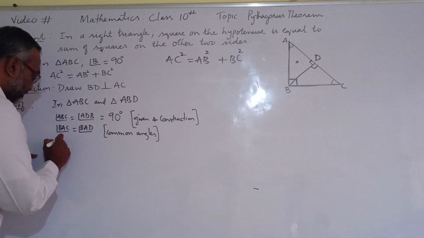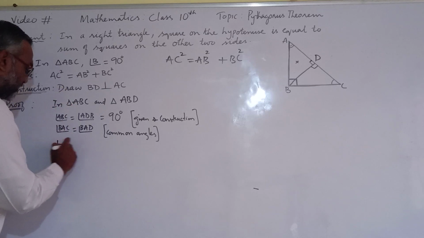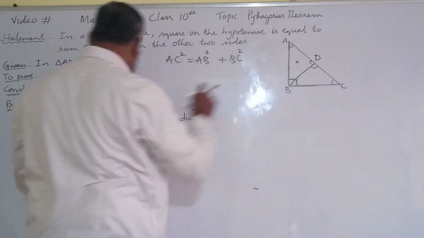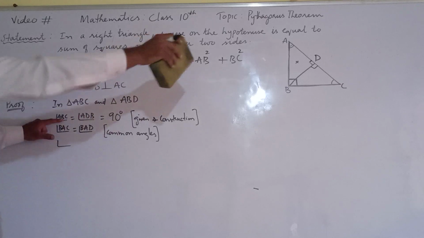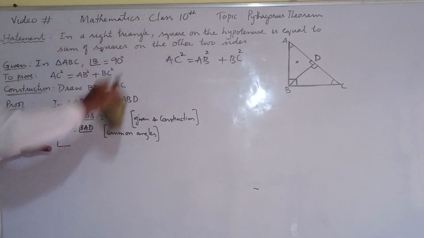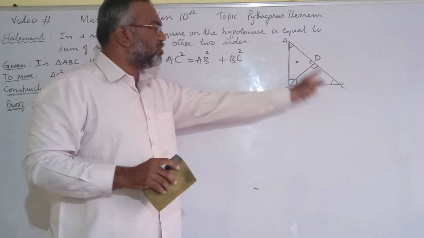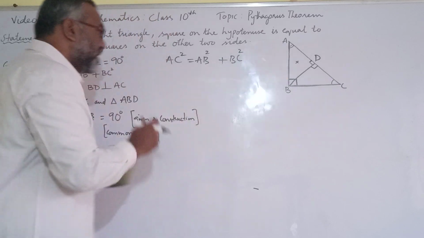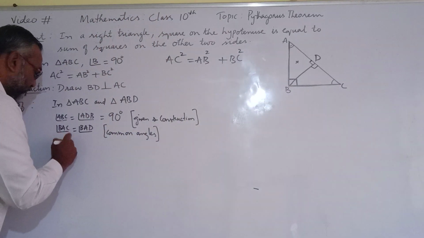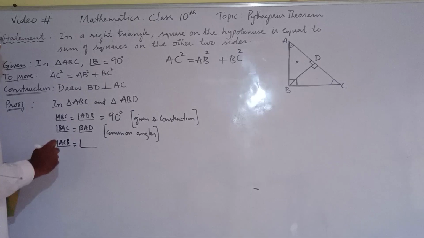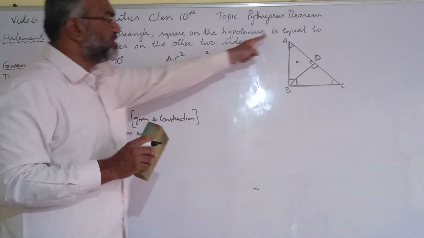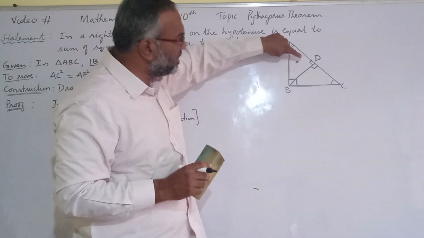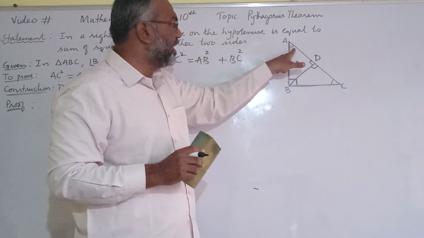Now we can say that the third angle C is remaining in the big triangle. B is over, 90, A is over. So C is remaining in the big triangle. So angle ACB is equal to the angle remaining in the small triangle. D is gone, 90, and A is gone, common.